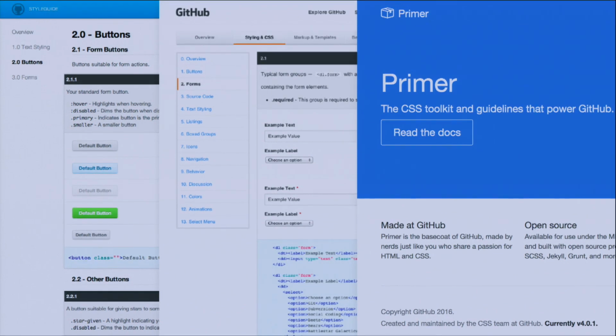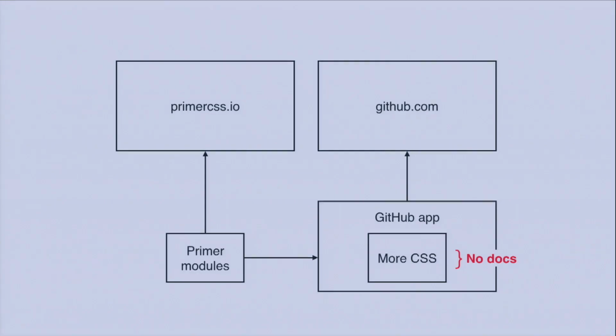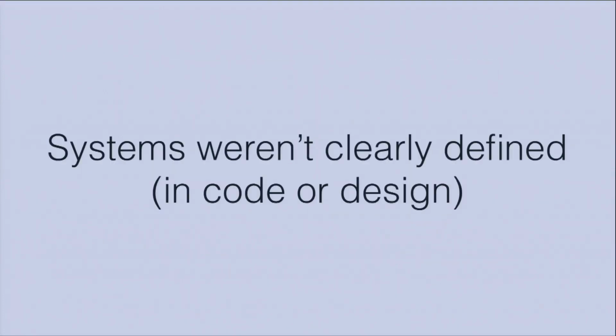I'm a designer that likes to implement my own designs. One of the first things I noticed was that there was piles and piles of custom CSS inside the GitHub app, and it wasn't documented, and it wasn't part of Primer. And that made it really hard to know what the right styles were to use, and it made it really hard to update pages. They also didn't have real systems defined. There wasn't a clear scale around their spacing or typography.